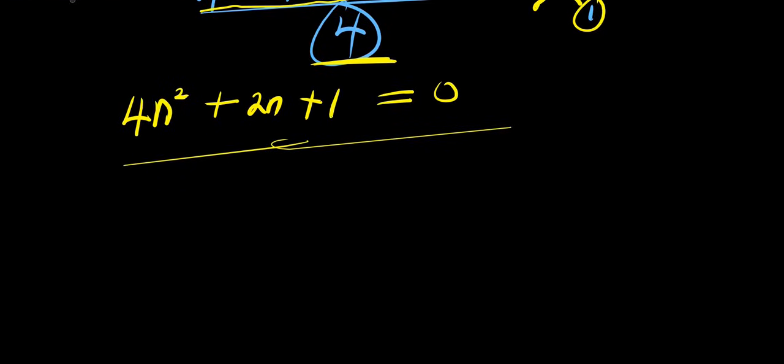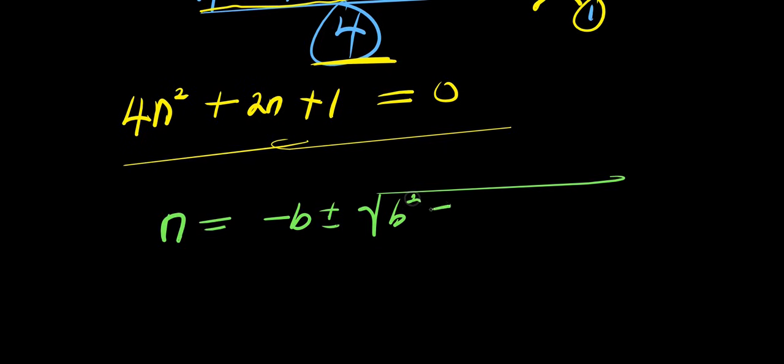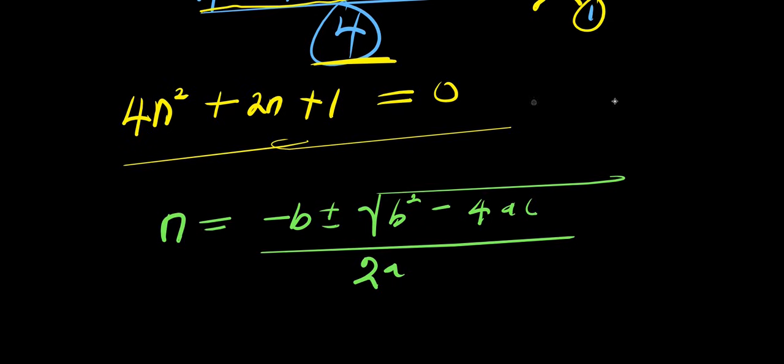So let's write the formula in respect to n. n equals negative b plus or minus square root of b squared minus 4 times ac, and this is divided by 2 times a. So from here, a is the coefficient of n squared, that is 4. b is the coefficient of n, that is 2.